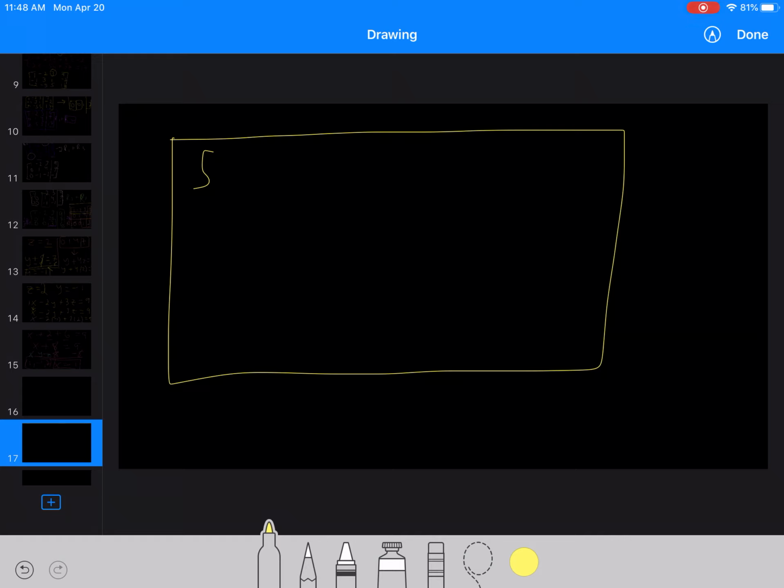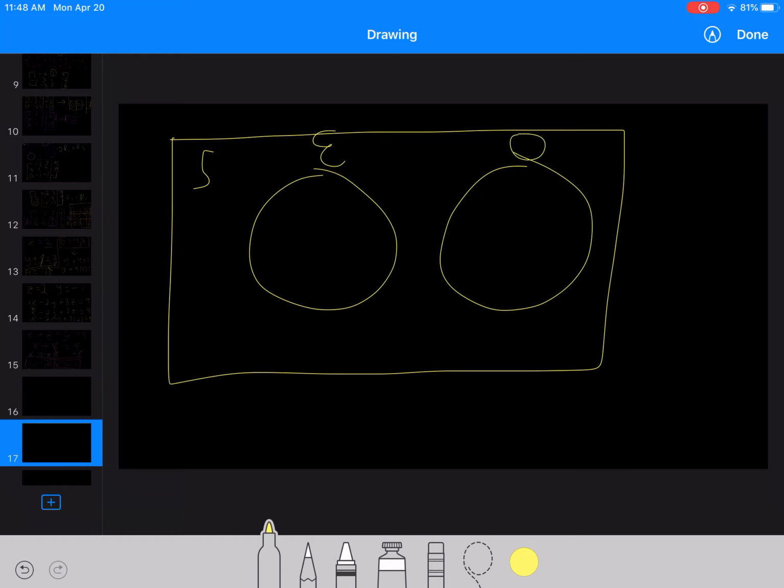So let's say I have a set of two different values of dice numbers. So this is my evens, this is my odds. So on a dice, there's 2, 4, 6, and 1, 3, and 5 equals a 6. So I have an even set and I have an odd set.